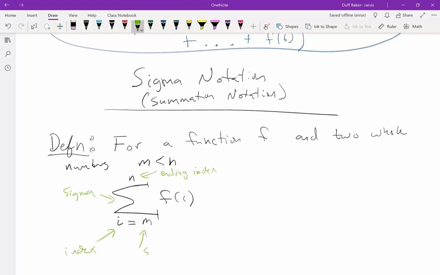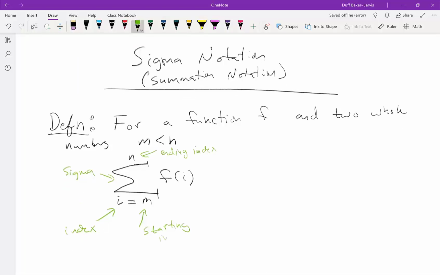And m is the starting index. And the part that goes to the right of it is called the summand, though I don't tend to use that term much. I might just use the word argument.